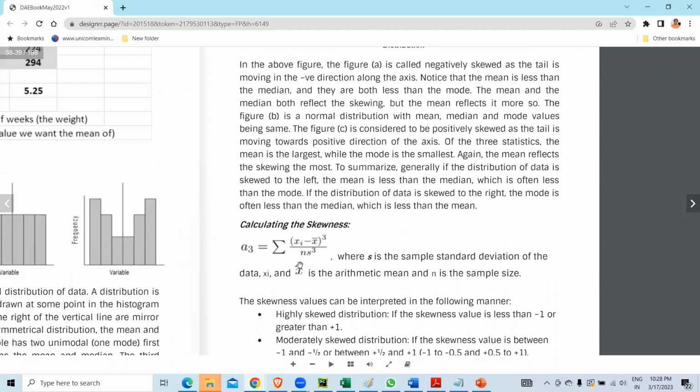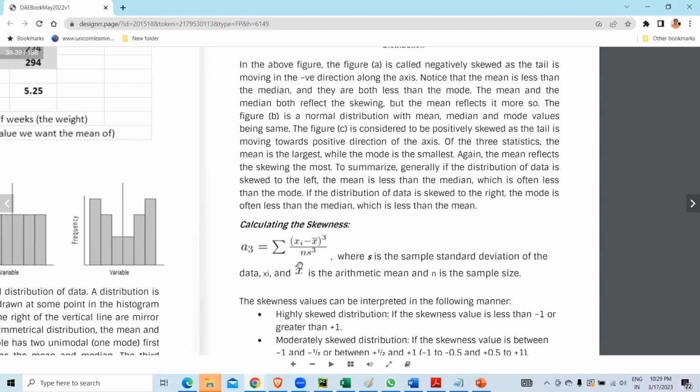Sigma means you have to subtract from each and every value. If you have 10 values, you do first value minus average, second value minus average, third value minus average. That's what sigma xi minus x bar means. X bar is the mean, xi is each of the values, and you take the cube of those.